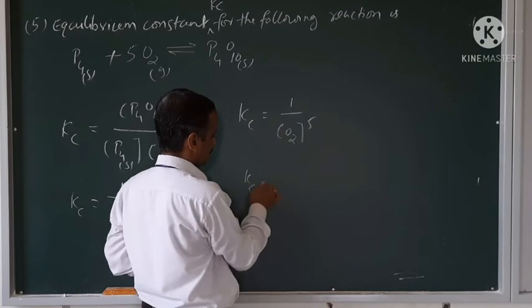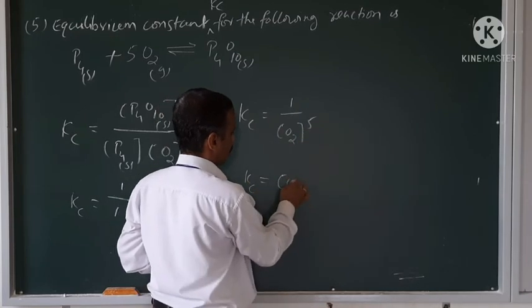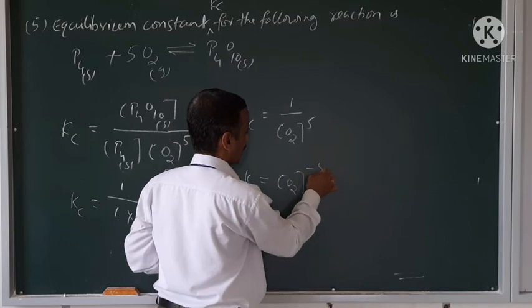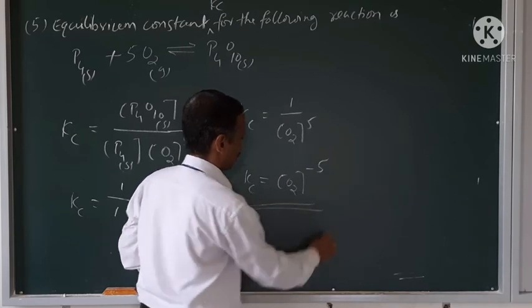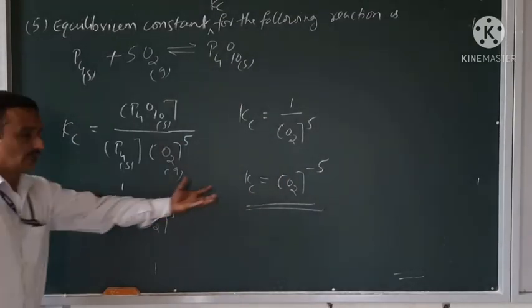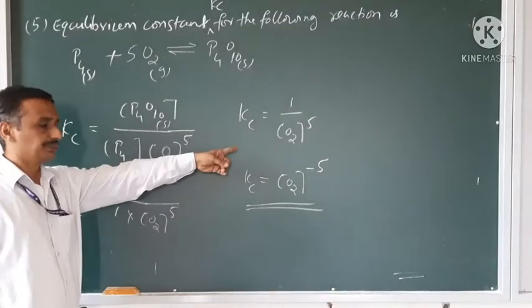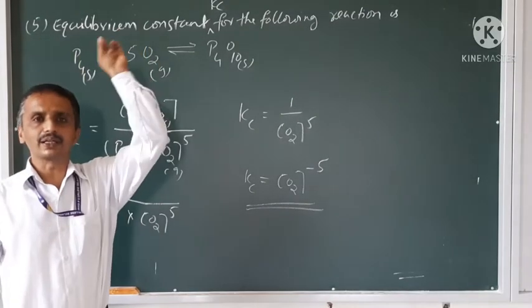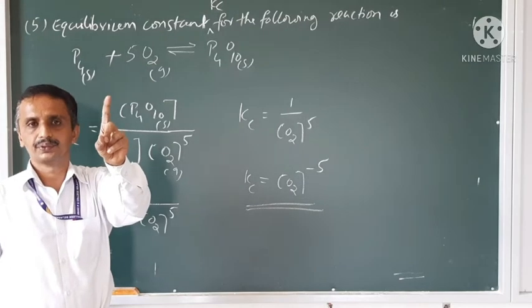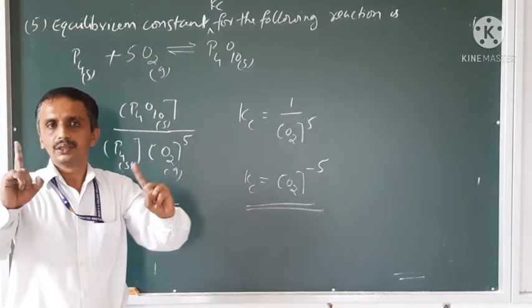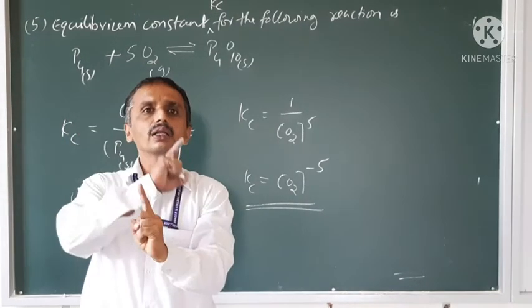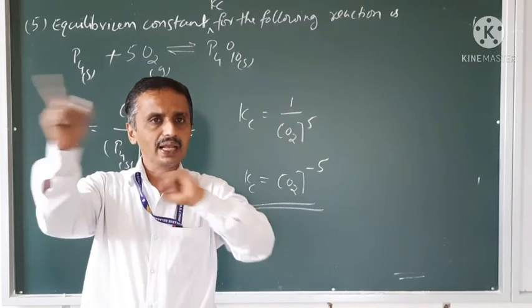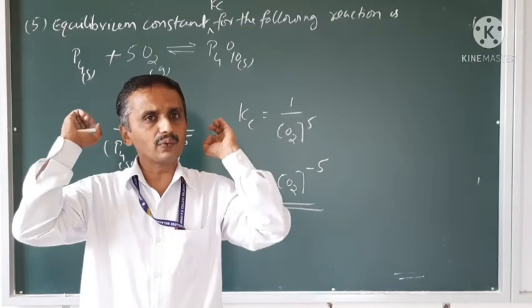Sometimes like this also, Kc is equal to O2 to the power minus 5 is the equilibrium constant. Sometimes the answer may be that. Solid should be taken as unity. If all are liquid, then we should not take it as unity. All the values you have to consider.